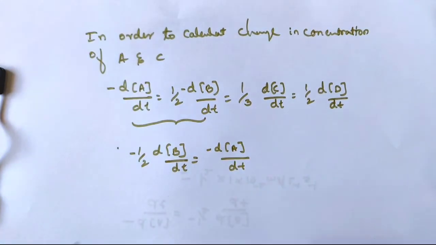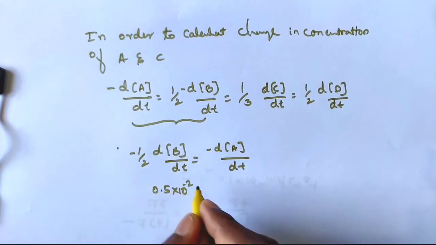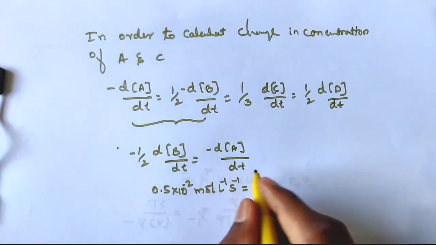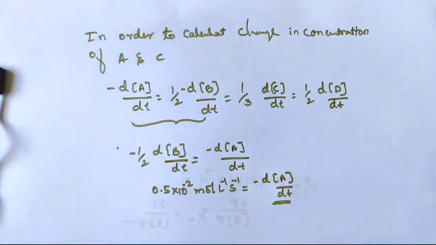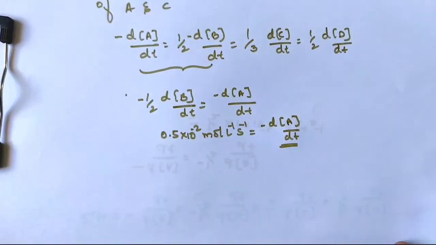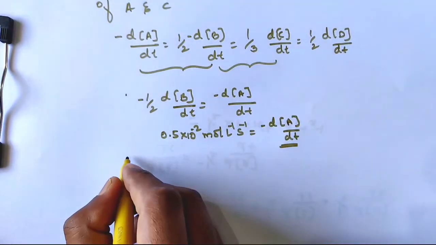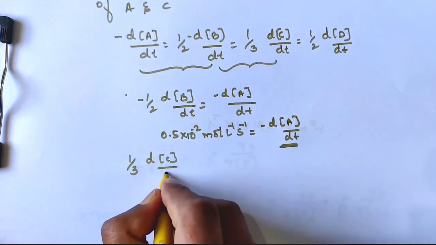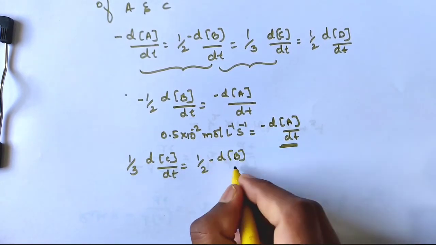So how much is it? We have calculated this, that is 0.5 into 10 to the power of minus 2 mole per liter per second. So that gives you the change in concentration of A. The same we have to calculate for the change in concentration of C. So we use this relation: 1 by 3 d[C] upon dt is equal to half into minus d[B] upon dt.